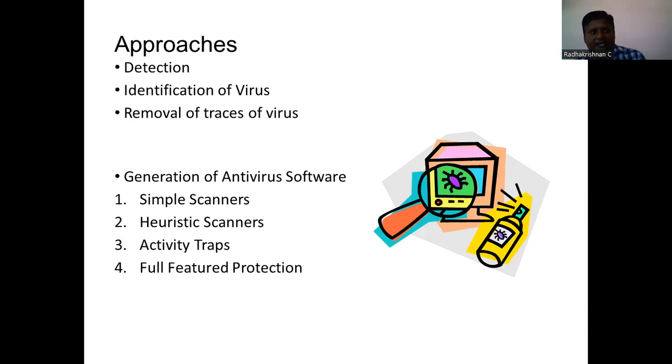That virus analytic machine analyzes the virus behavior. Based on the behavior, it extracts the signature and the nature of the virus is identified. Next, it derives a prescription: what type of file is affected, what type of virus is present, and how it can be recovered.